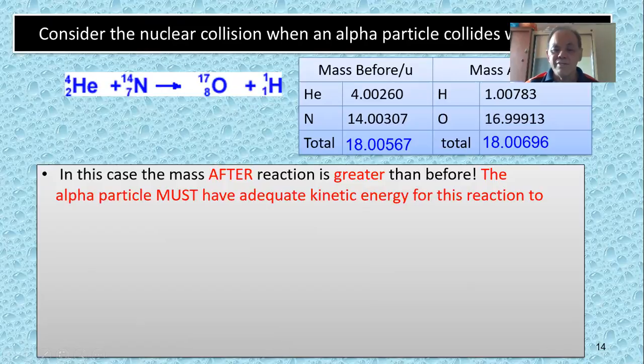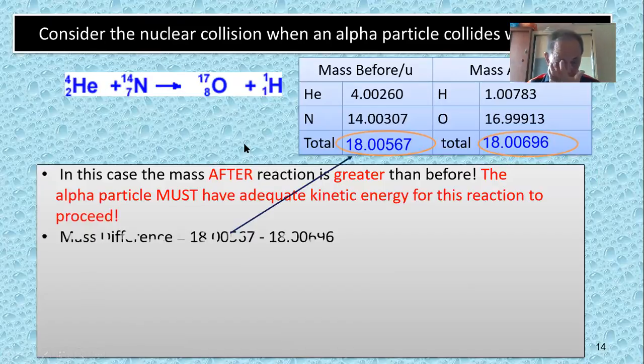To make the reaction take place, the alpha particle must have enough kinetic energy. And we can calculate that energy required by calculating the mass difference. Right? Mass of reactant minus total mass of product.